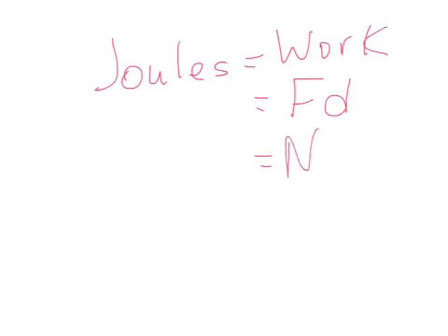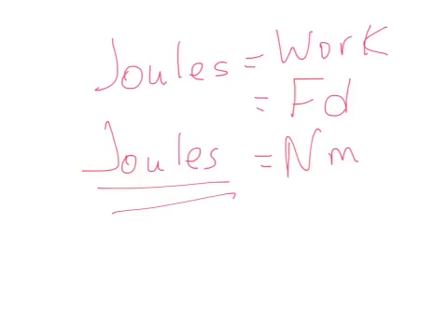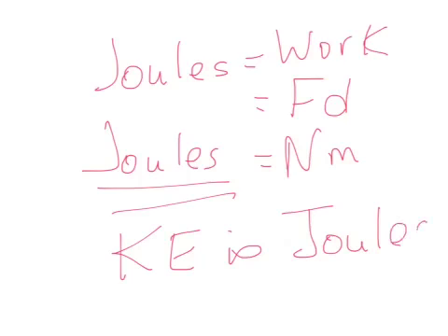So that's a Newton meter, which is the same thing as a joule. It's easier to remember joules than it is Newton meters. So kinetic energy is joules. Well, how do we find those joules?